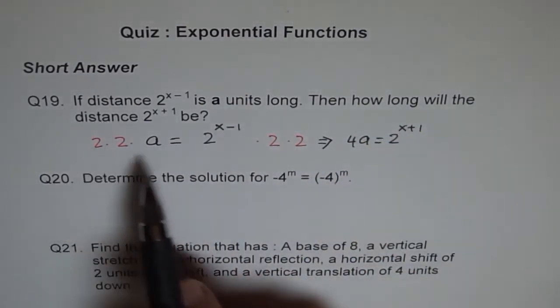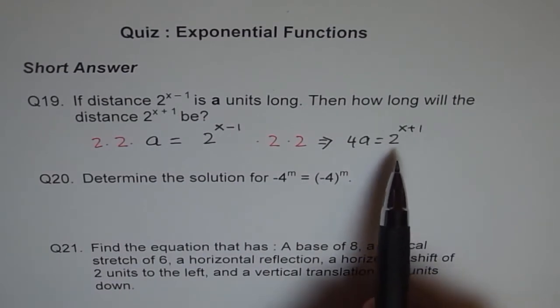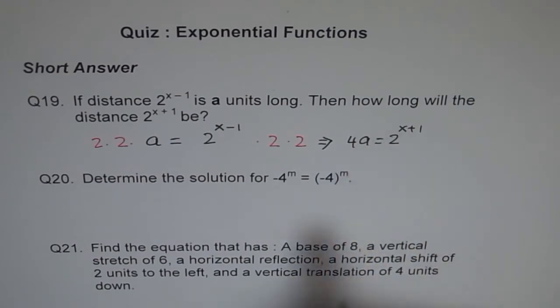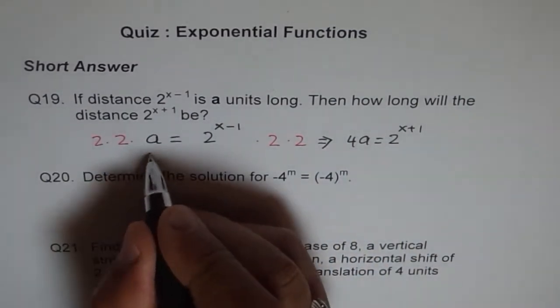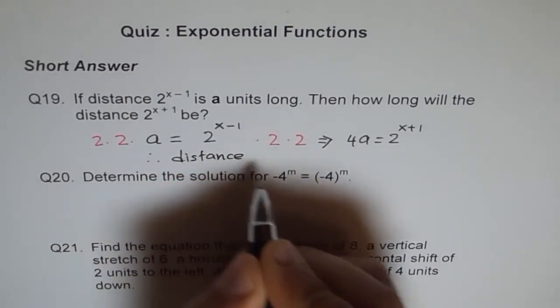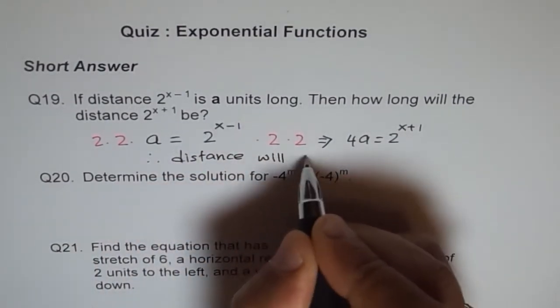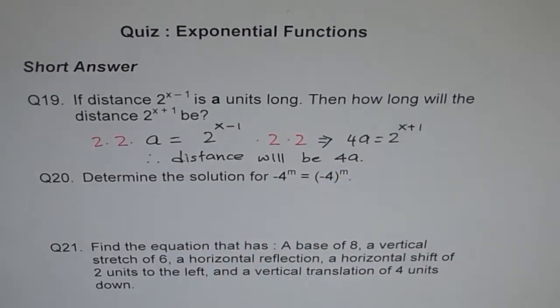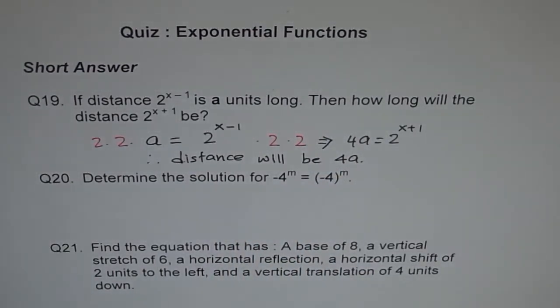So how long will the distance be? If the distance is 2 to the power of x plus 1, then the distance will be 4a. Do you understand? So therefore, the distance will be 4a, correct? That's your answer.